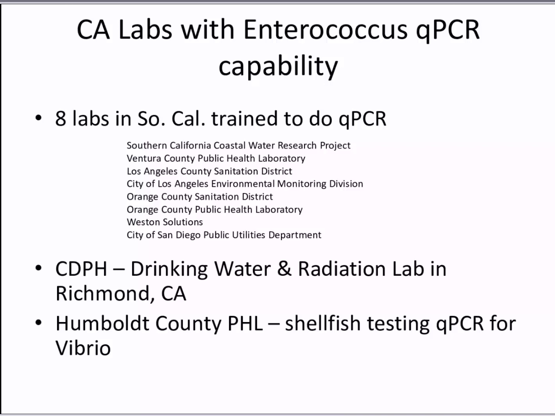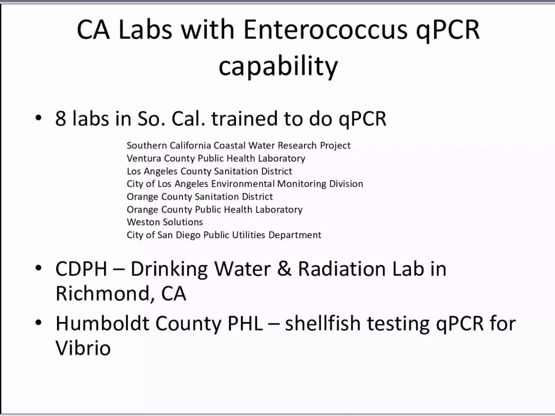I'm not so familiar with Northern California, but I know the California Department of Health Drinking Water and Radiation Lab in Richmond has capability to do the rapid methods. I think they're the ones tasked with trying to validate the EPA Enterococcus methods for routine use in California.